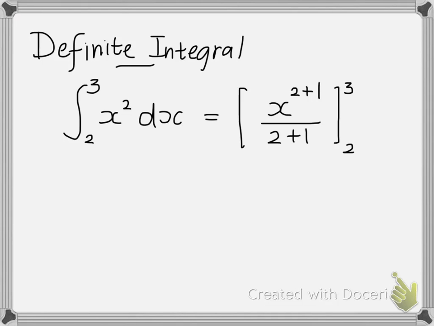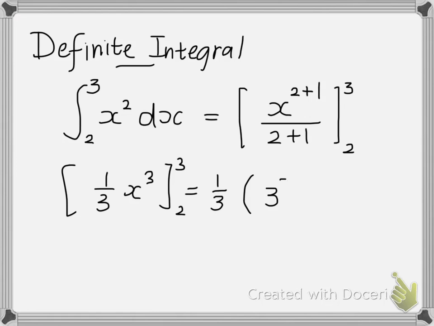Okay, so what do you do next? So it's like x cubed over 3, right? So this is 1 over 3 x cubed from 2 to 3. That's what it is called. And since 1/3 is the constant, you don't really need to worry about that. And then it goes into 3 cubed minus 2 cubed.